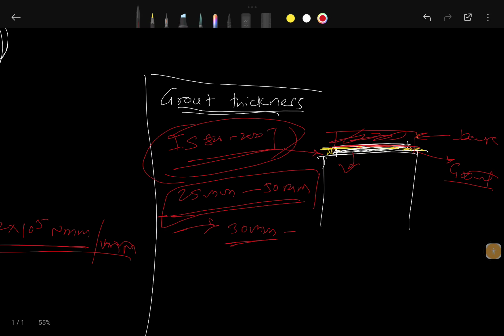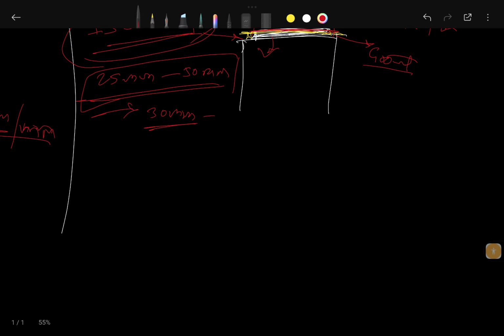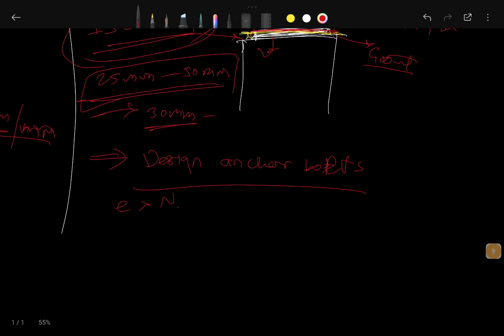Design of anchor bolt. For design of anchor bolt, here in the above we see e is greater than n by 6. The base plate has a tendency to uplift.